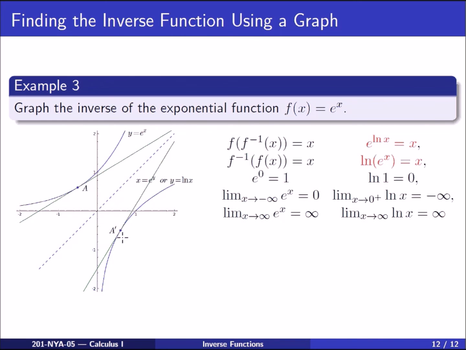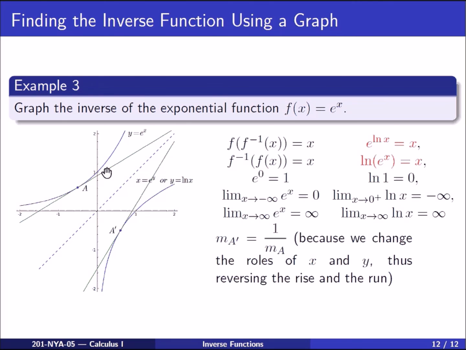But because the coordinates of any point here on this curve are the coordinates of those points here, but with the coordinates interchanged, it means that the rise over the run here is the inverse of the rise over the run there. In other words, the rise here would correspond to the run there, and the run would correspond to the rise there. So that may sound a little bit complicated, but if you think about it, that implies that the slope at A prime is the inverse of the slope at A, because the roles of x and y have been interchanged when we reflected that graph across the line y equals x.